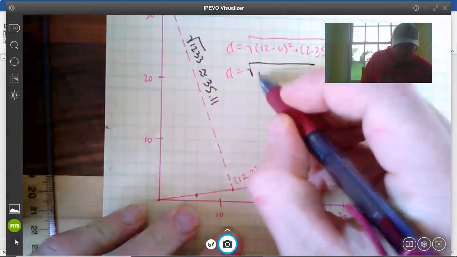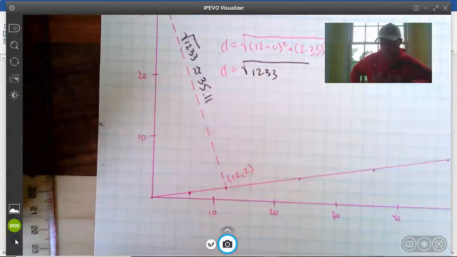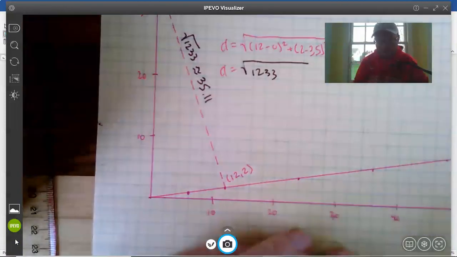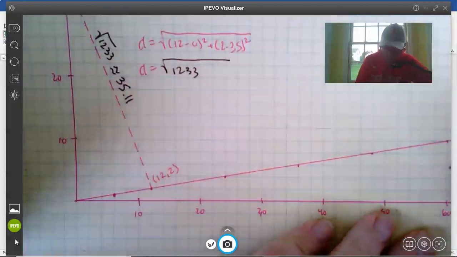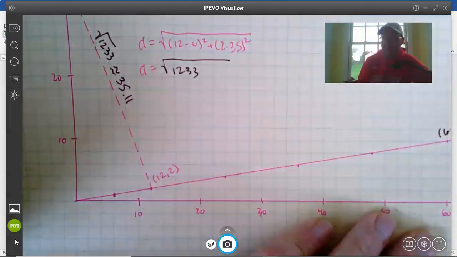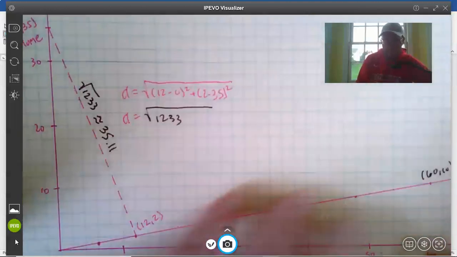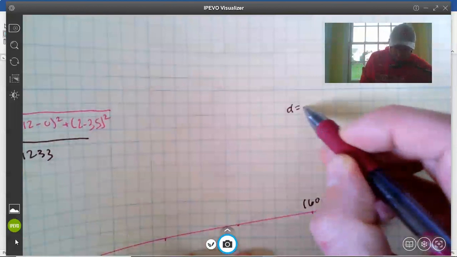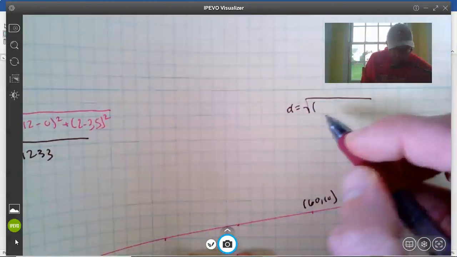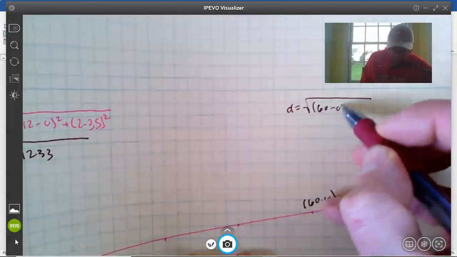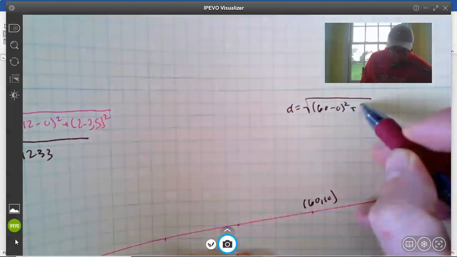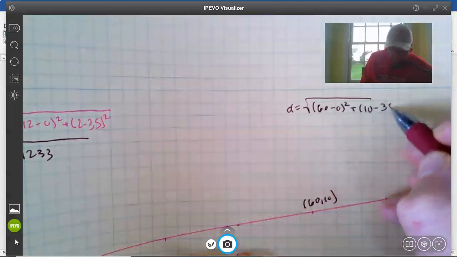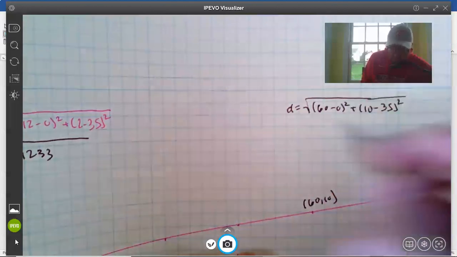So the point at which we are 65 miles from his home is right out here. 2, 4, 6, 8, 10. 60, comma 10. Just to show it, our distance is 60 minus 0 plus 10 minus 35.